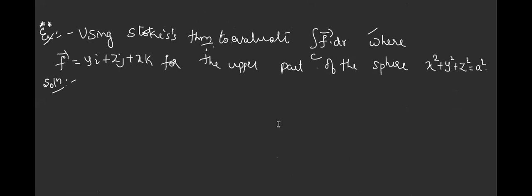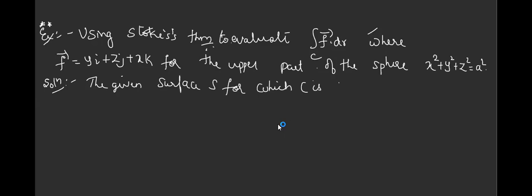So just write the explanation. The given surface S, for which C is the rim, rim means it's like a boundary.